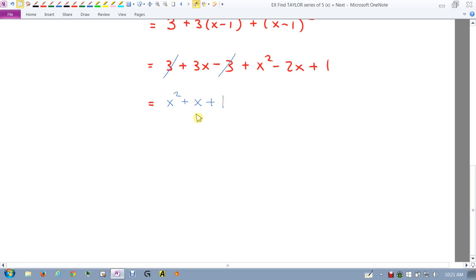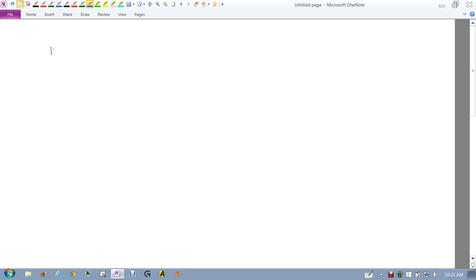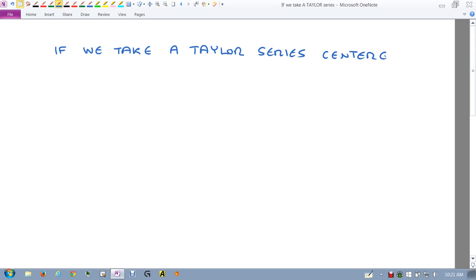One more note, though, a quick note. If we take a Taylor series centered at zero, then we have the following formula.